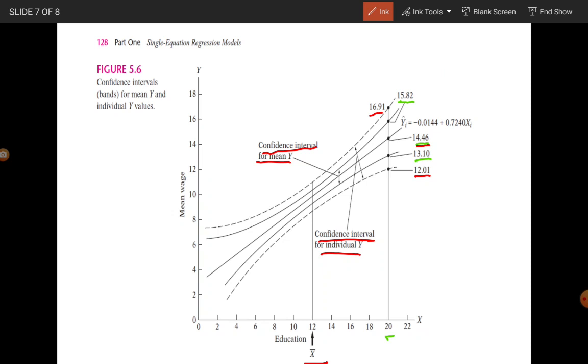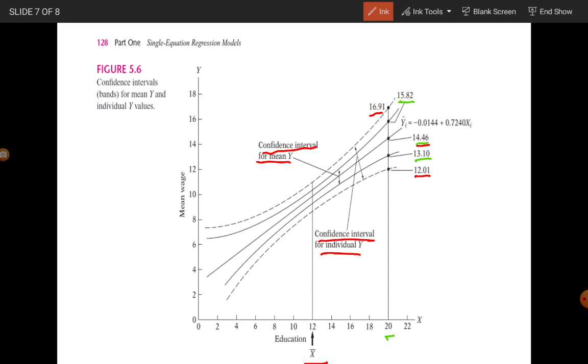As you move further away from this sample mean value, the confidence band's width is increasing. Okay, just understand this point. No need to calculate for each and every point. It is true in any example that you come across.